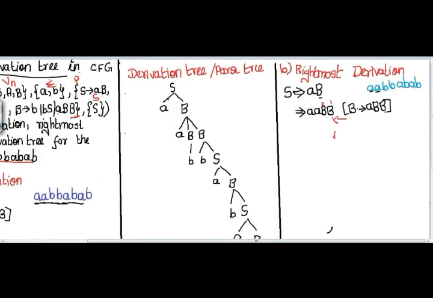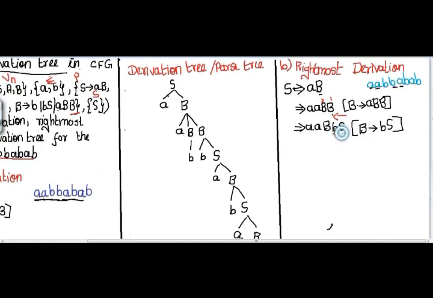So I'm going to find out the remaining characters. Instead of this B, I'm going to substitute B tends to BS. From the right direction, the first non-terminal is S. So I'm going to check the S production which starts with A. Here I have the production S tends to AB. So instead of S, I'm going to substitute S tends to AB. The same thing I have substituted here as well.